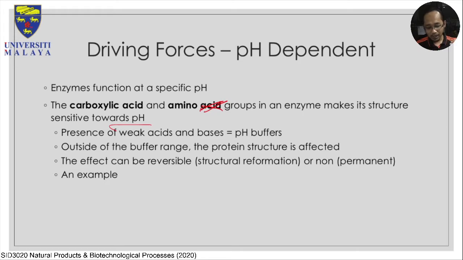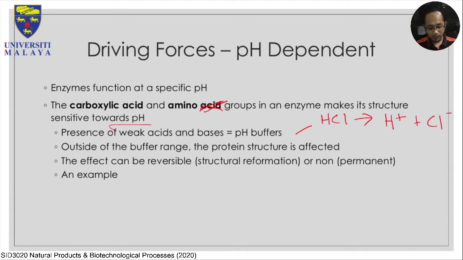So the presence of weak acids and bases results in the formation of a pH buffer. If you recall, for a buffer system you need to use a weak acid and a weak base. If you use, for example, hydrochloric acid, which is a very strong acid, it does not work as a pH buffer because it dissociates 100% into a proton and a chloride ion.